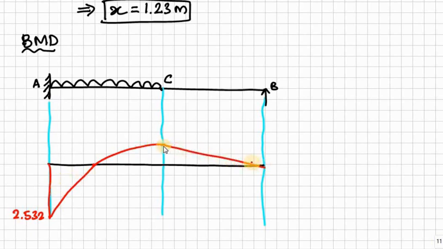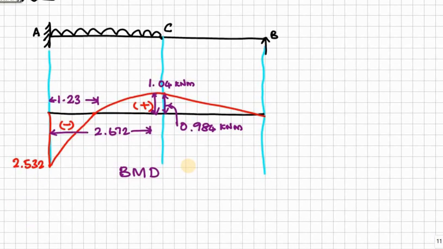So MC positive moment. Okay. MB here 0. The moment at C, MC is 0.984 kilonewton meter, but the maximum is somewhat inside, that is at 2.67, which is equal to 1.064, and the point of contraflexure is at 1.23 from support. So this is the BMD.